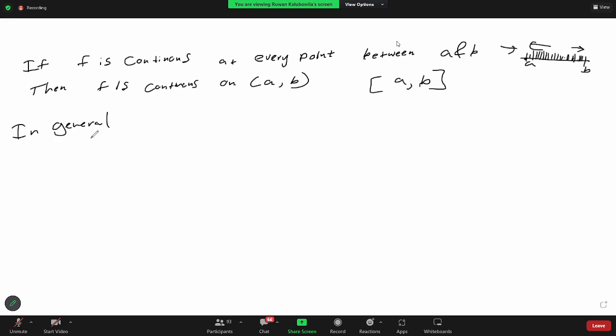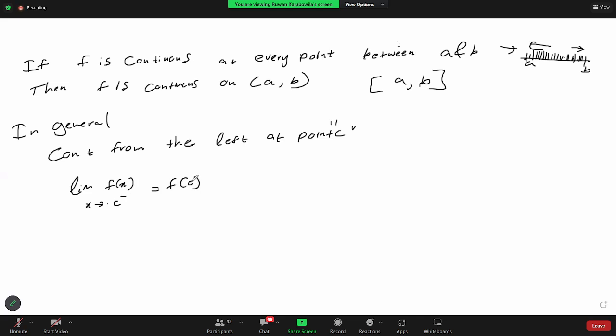In general, f is continuous from the left at point C if the limit of f(x) when x approaches C from the negative end is equal to f(C).